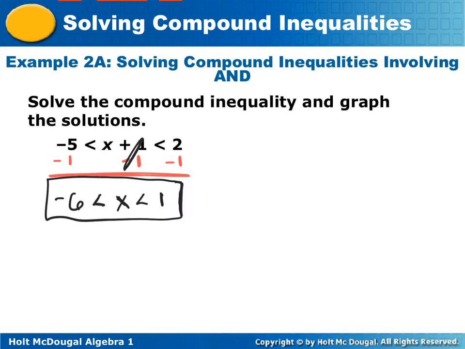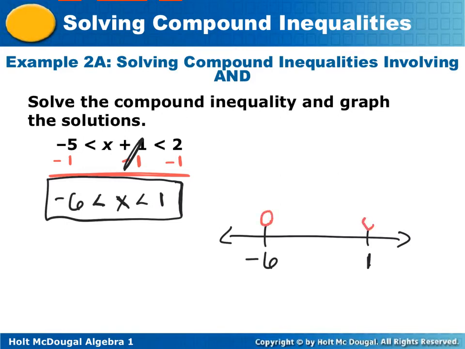Now, step 2 says to do what? Graph it. How many dots am I going to have? 2. Okay? When you do compounds, just list the numbers. I'm good if you just list the numbers. So you've got the number -6 down here, and you've got the number 1. What kind of dots are going to go with these? Open.